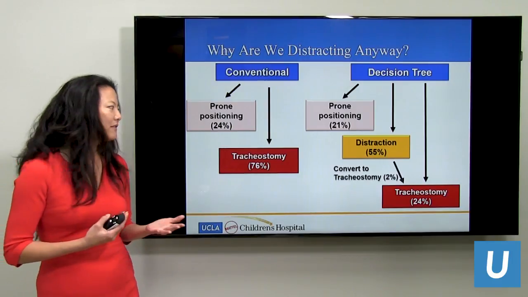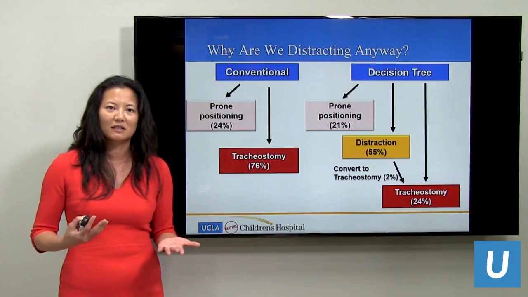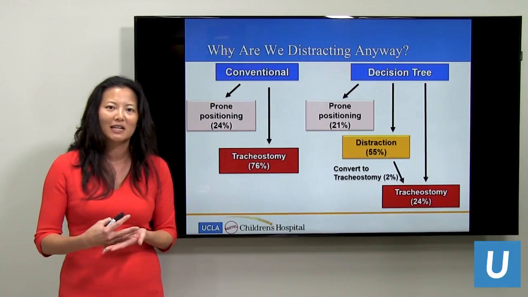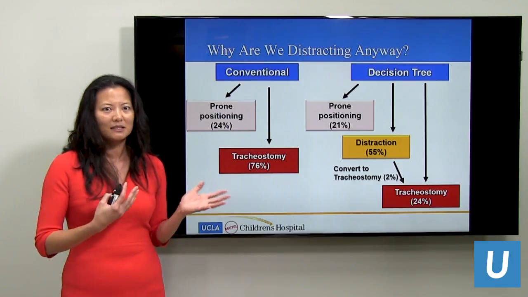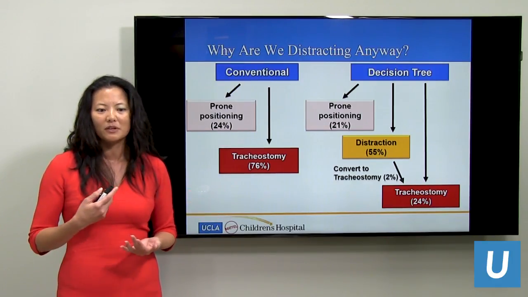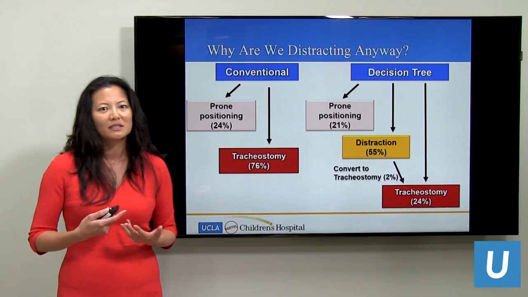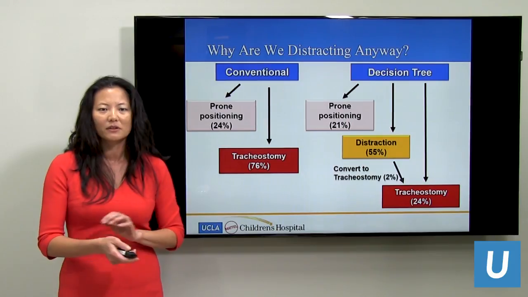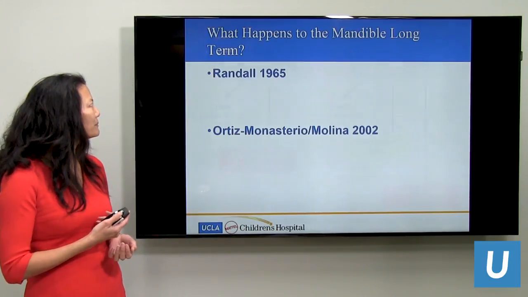And certainly a number of them were still converted from distraction to tracheostomy for various reasons. Maybe they were right on that edge of being able to have distraction versus tracheostomy. But this is a pretty significant improvement in quality of life. Certainly tracheostomies, for parents who have kids who have it, it's really difficult on everybody. It's really difficult to see a kid go through that.